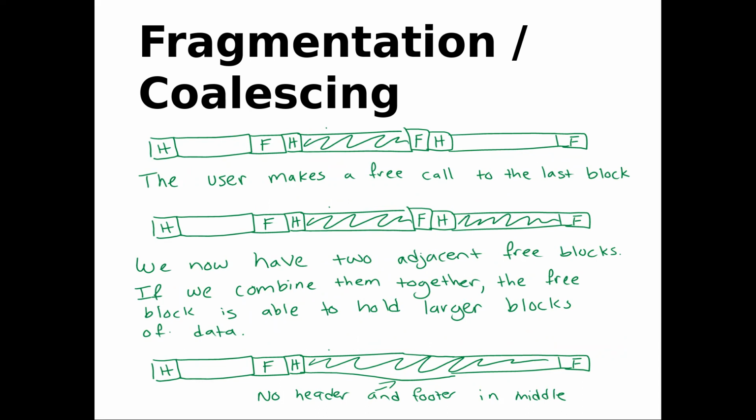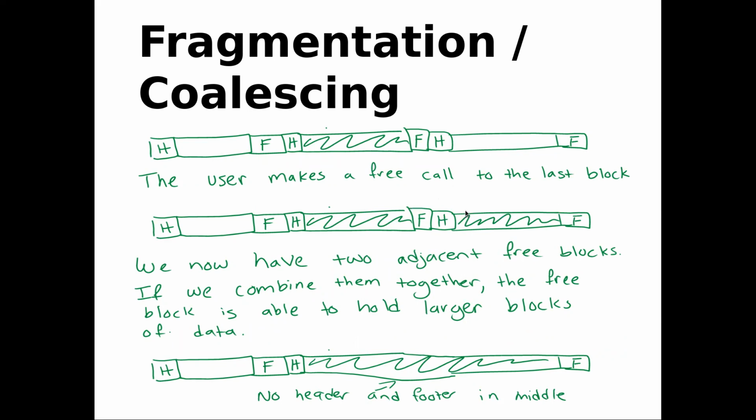So essentially, another thing we need to think about is something called coalescing. So imagine a call to free puts a free block directly adjacent to another free block, like so. So we have these two allocated blocks that one of them got freed and another one got freed, and now they're next to each other. So in a case like this, we can actually increase the size of a free block by combining these together.